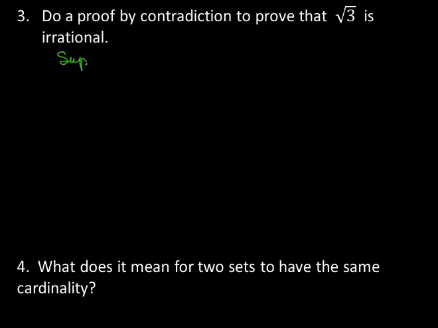So we suppose the square root of 3 is rational. In other words, suppose not, well then the square root of 3 is rational. A logical consequence of that, using our definition, is that a rational number can be written as a fraction.